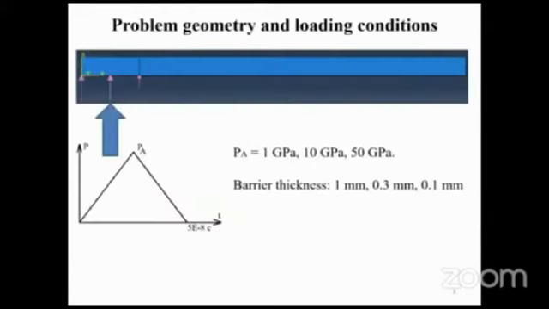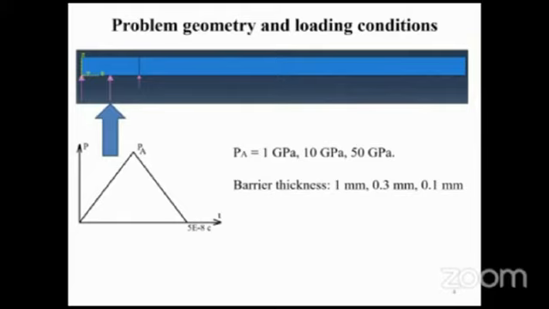The problem was solved numerically in the axisymmetric formulation. The finite element method was used for the solution. Laser loading was simulated by setting a pressure pulse in the impact zone. The pressure pulse has a triangular shape.